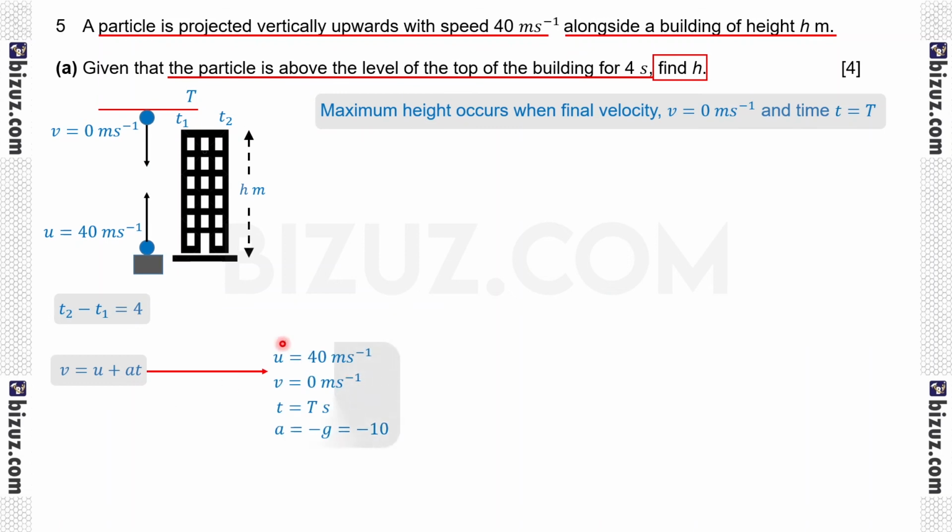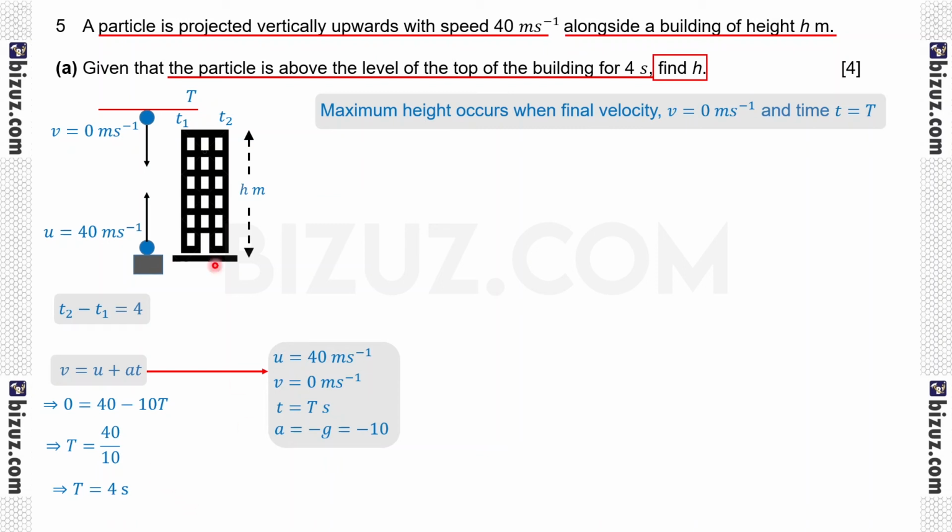Here u equals to 40 meter per second, v equals to 0 meter per second, t equals to capital T, and the acceleration is negative acceleration due to gravity, which is minus g, which is minus 10. So substituting these values into this equation, we get 0 equals to 40 minus 10t. So here we get t equals to 40 by 10, which is 4 seconds. So capital T equals to 4 seconds.